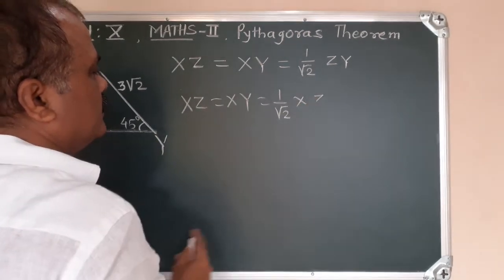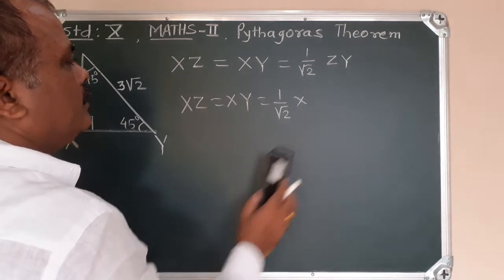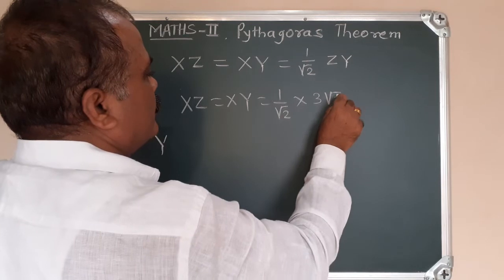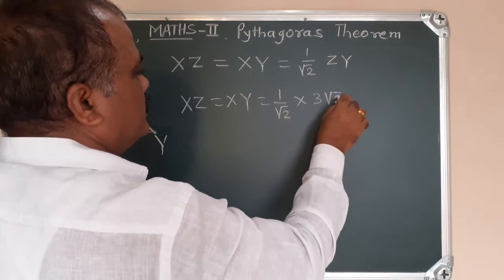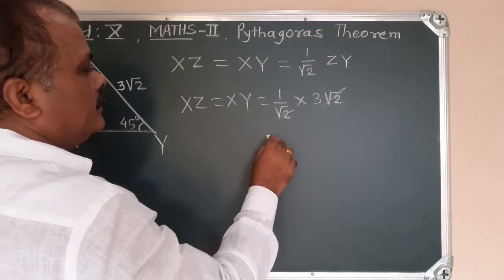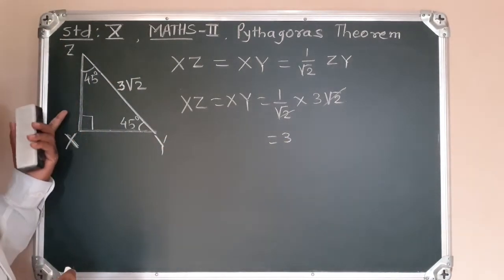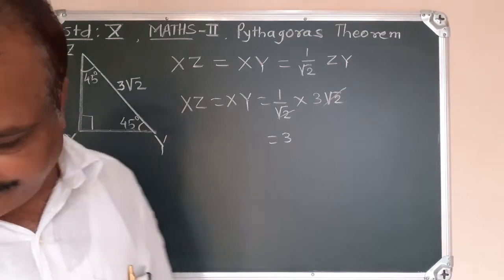So this is given. If we substitute here value of ZY, that is 3 root 2, then this root 2 gets cancelled, that is equal to 3. So length of XY is 3 and XZ is also 3.